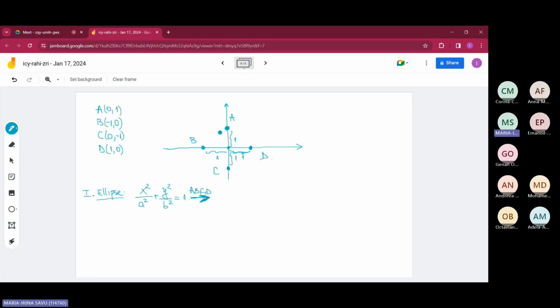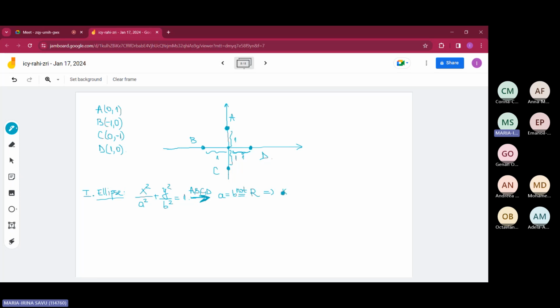You have the same distance from each point to the origin. It's a circle, exactly. It's a particular ellipse, where each point is at the same distance. And this is denoted by R, which is called the radius of the circle.